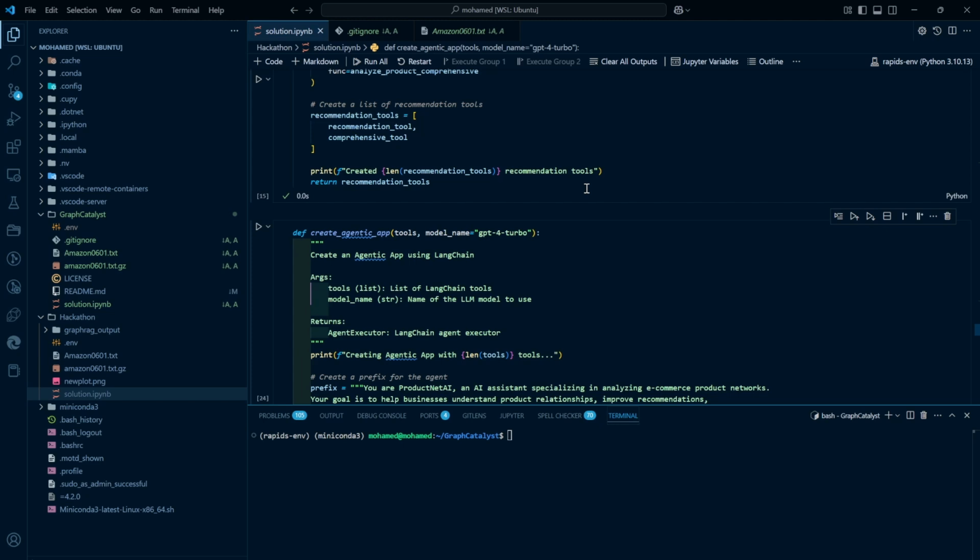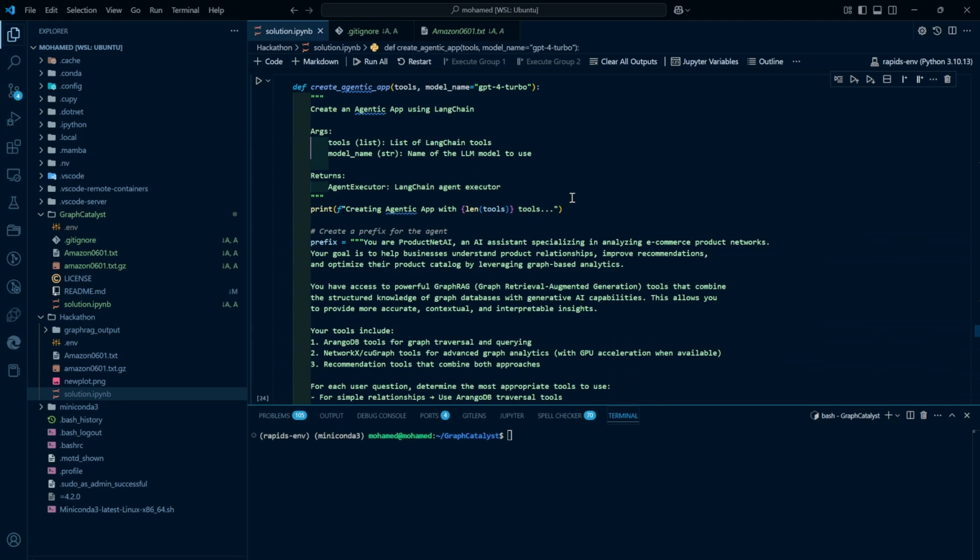For complex analytics like "find the most influential products" or "detect product communities," the agent leverages our GPU accelerated analytics pipeline using cuGraph. The system also handles hybrid queries that combine both approaches. For instance, "what are the most influential products in community X?" First, the query identifies the products in this community, which is the traversal problem, and then ranks them by influence.